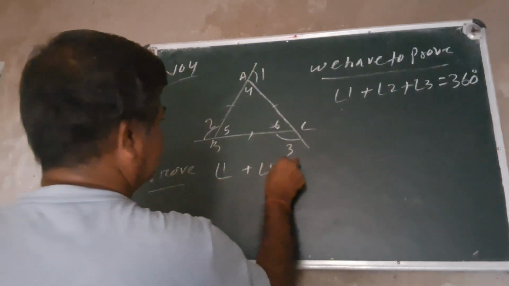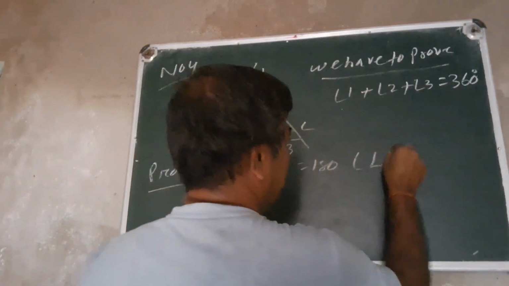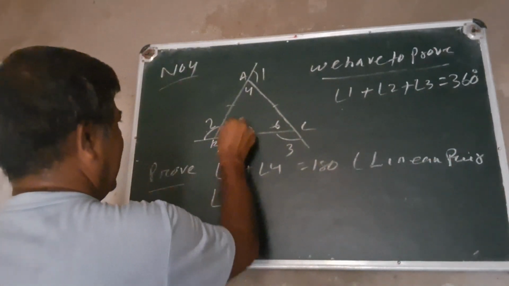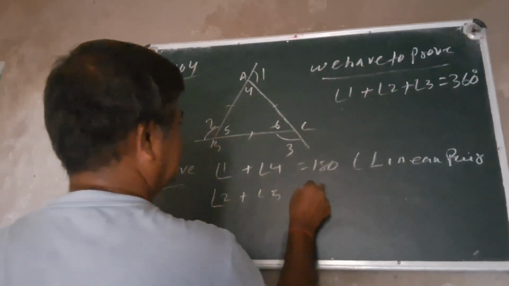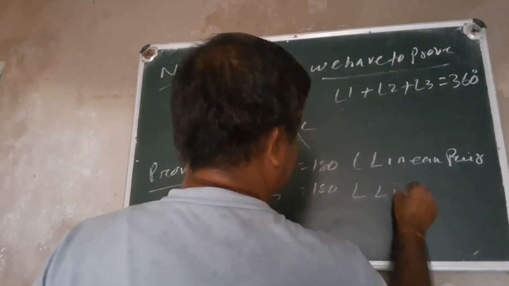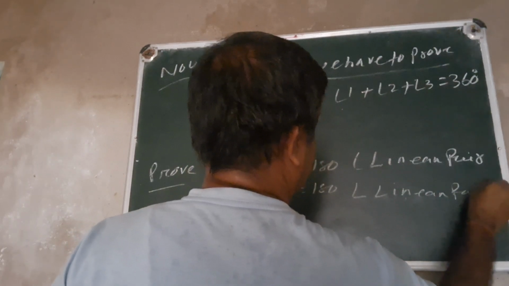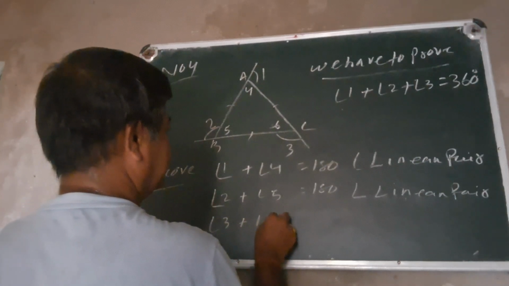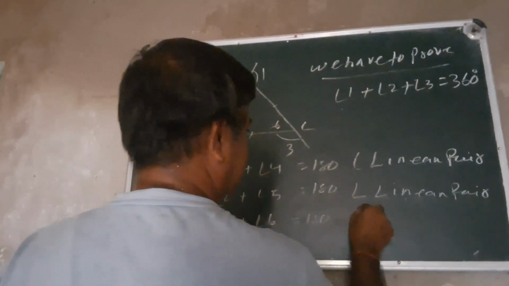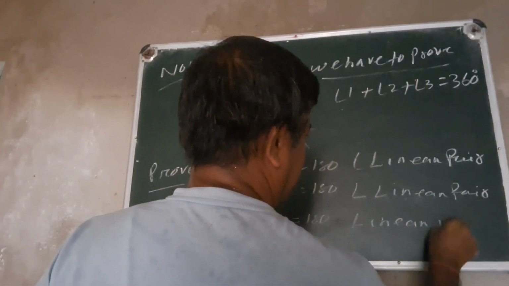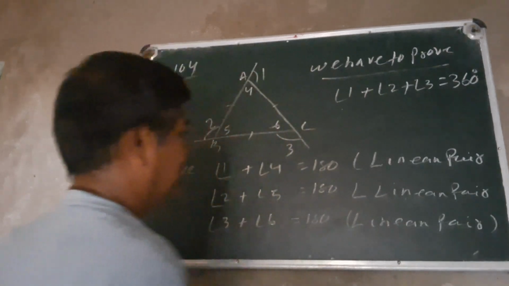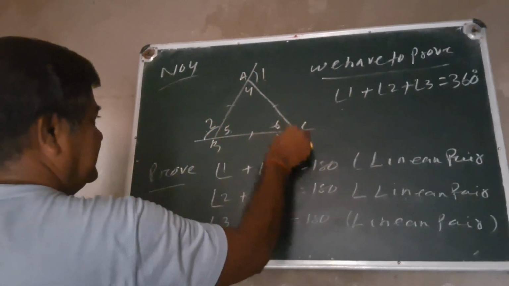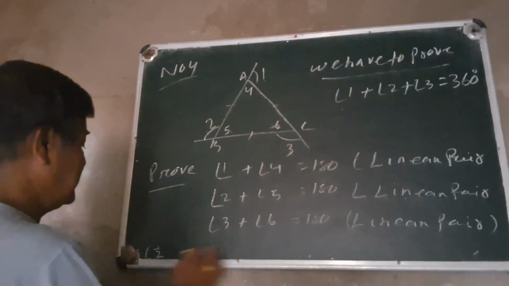Angle 1 plus angle 4 equals 180. Why? Linear pair. Angle 2 plus angle 5 equals 180, also a linear pair. Angle 3 plus angle 6 equals 180, linear pair. All six angles are there.